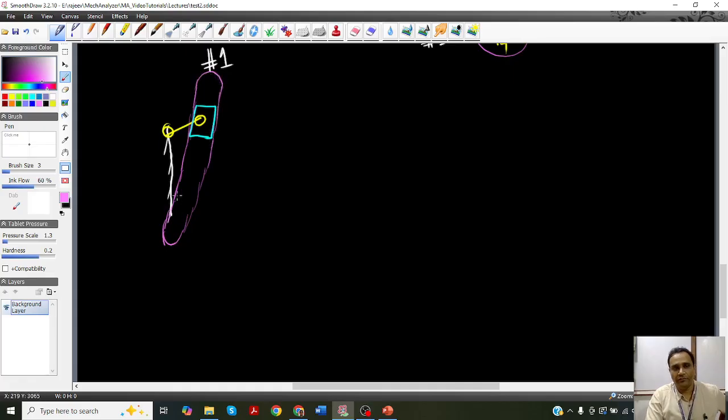Okay, so what happens is there's a revolute joint in this case, there's another revolute joint here, and there's another revolute joint here, like this, with respect to the ground. This magenta link can kind of oscillate like this.